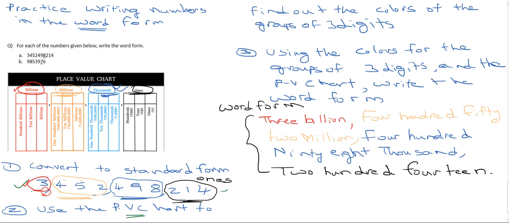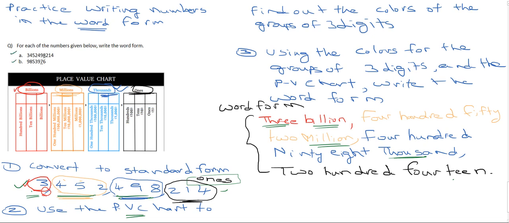And then using the place value chart, we write down the words for those numbers for each group, followed by the group name. 452 followed by the group name. 498 followed by the group name. And lastly, ones is not a group name, so you just end by writing whatever the hundreds value is. In this case it happened to be 214. So that was the first example.